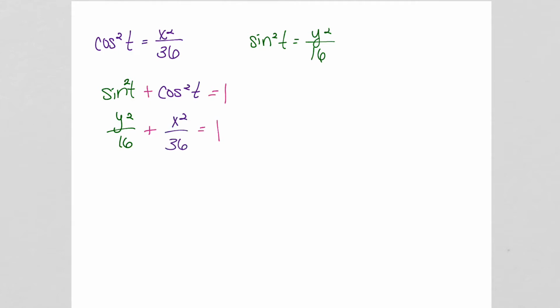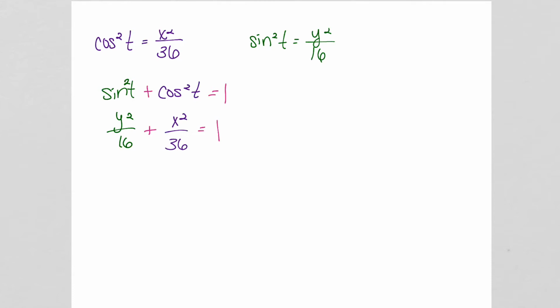So look, we've got some kind of conic here. Okay. So we've got y squared over 16 plus x squared over 36 equals 1. What kind of conic is this? The bigger number is under the x, and there's a plus in the middle. So because of the plus, it must be an ellipse. Because the bigger number is under the x, the major axis is horizontal.